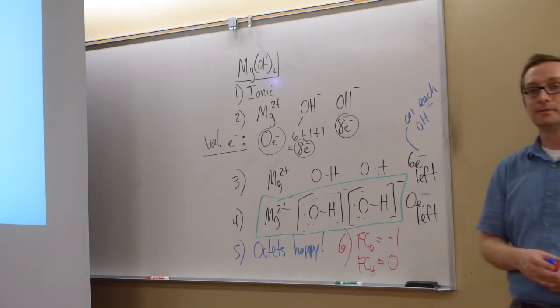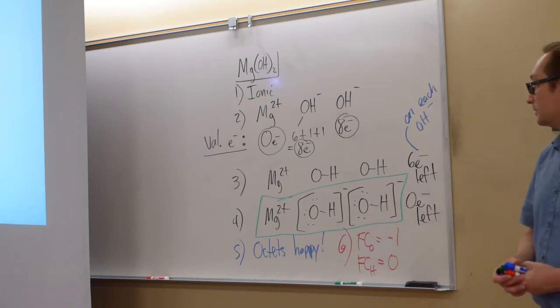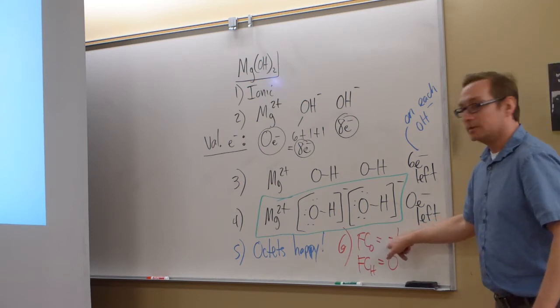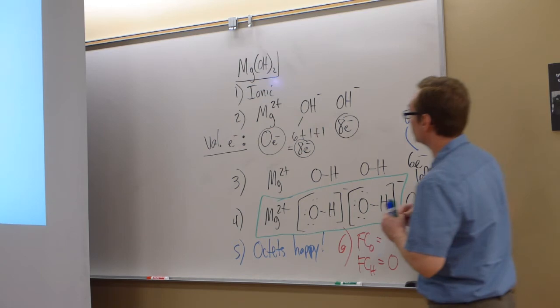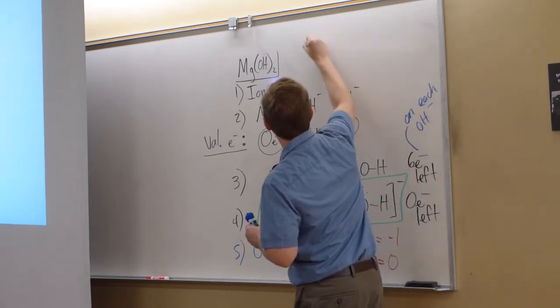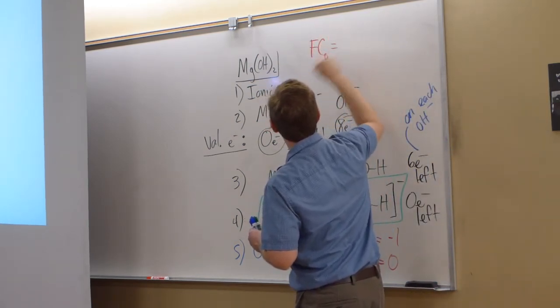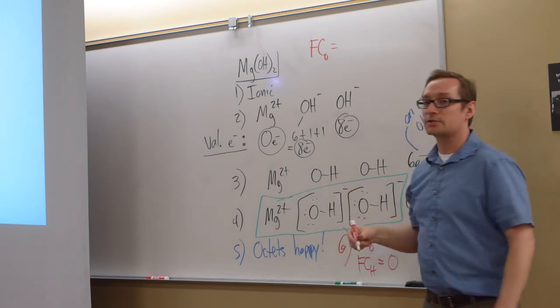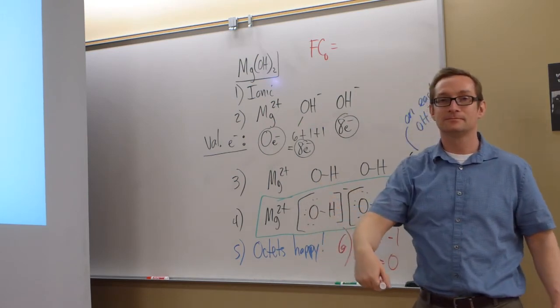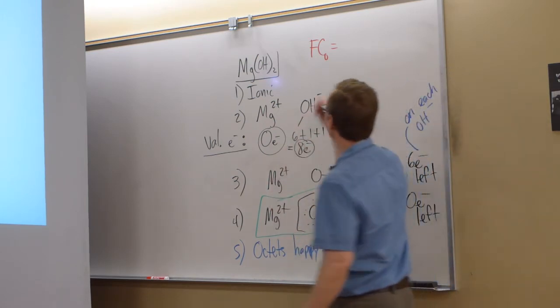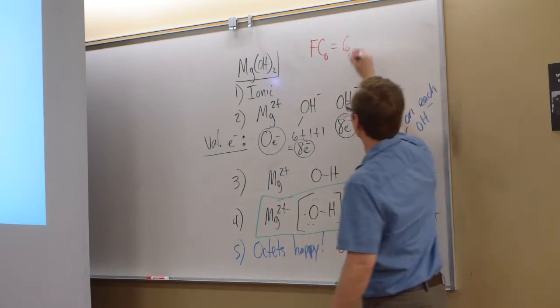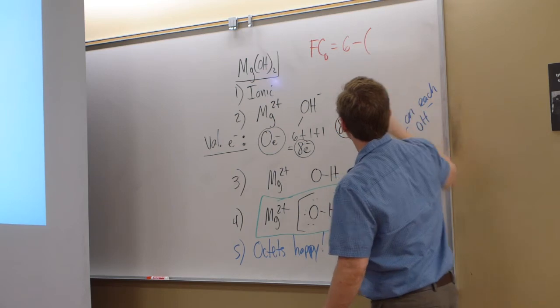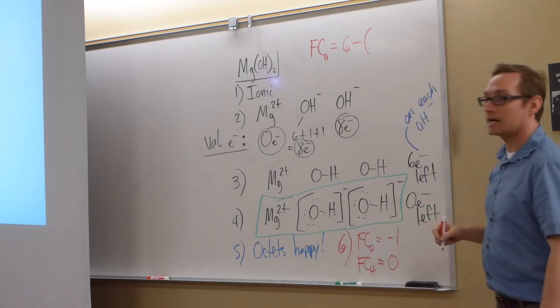I'm sorry, could you explain how you got negative? How I got this -1? Yes. So the formal charge of the oxygen, I'll draw it right up here. The group number for oxygen in the periodic table is 6. Is everybody alright with that? Minus the number of bonds to the oxygen.